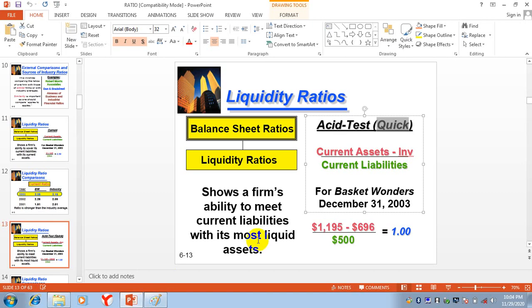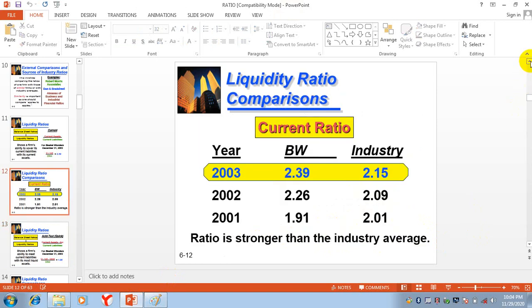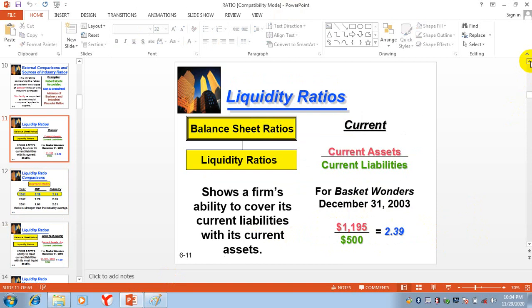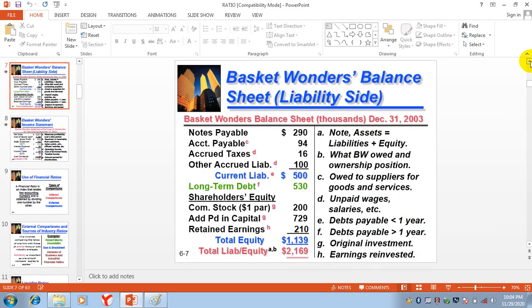in converting to cash. So see, for Basket Wonders, December 31, 2003, our current assets are 1195 minus our inventory 696, divided by 500. I'm not taking these things from my own mind. These are here.